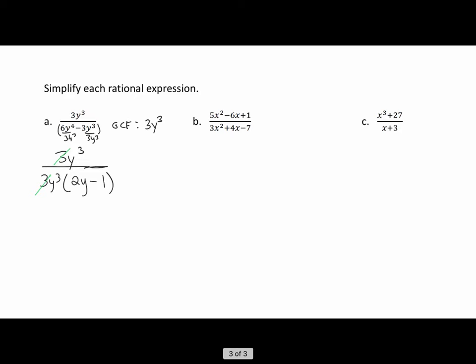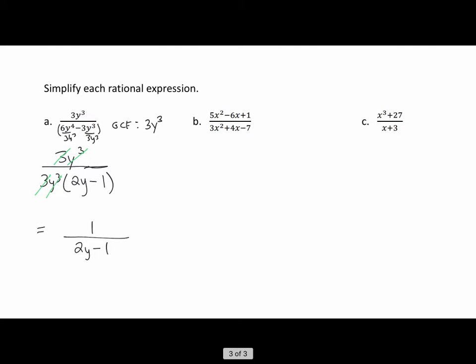So 3y cubed. Okay, that's it. So what does that leave us in the denominator? 2y minus 1. And in the numerator, those divided, so that leaves just 1. You'll never have 0 from multiplication or division unless you start with 0.